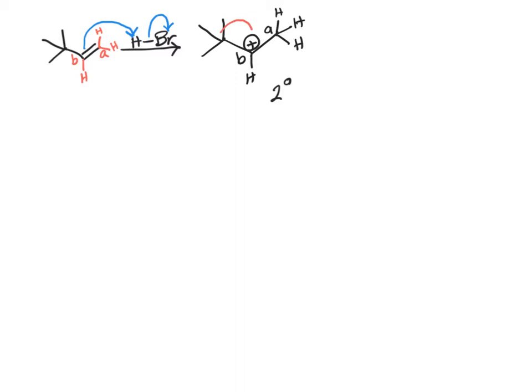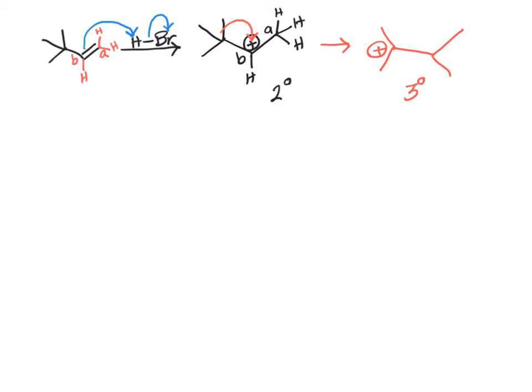Here, a methyl shift will convert the secondary carbocation to a tertiary carbocation, which is more stable. So this carbocation will undergo rearrangement.